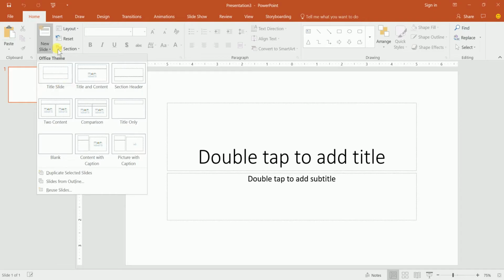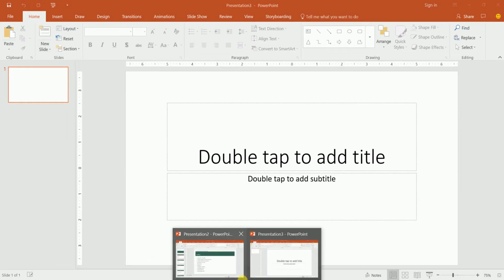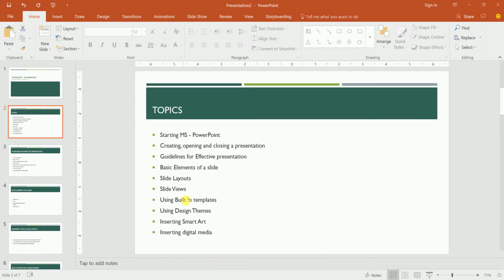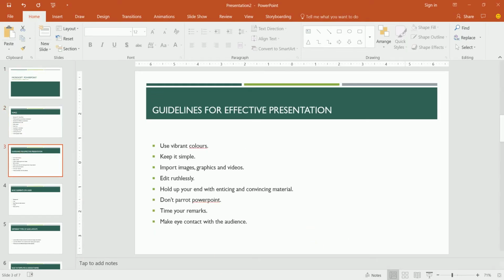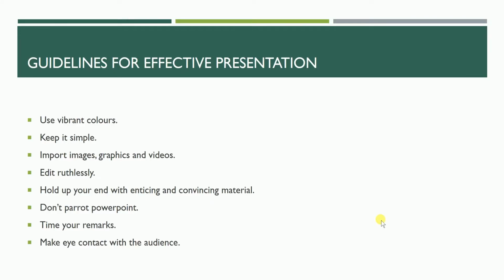So let's start with guidelines for creating an effective presentation. So how do you create an effective presentation? The first thing is that you have to use bright colors, and the colors which you are using in your presentation have to be coordinated.